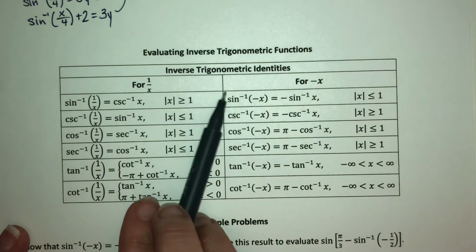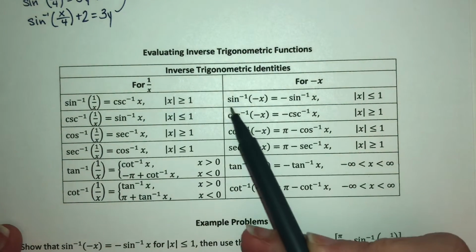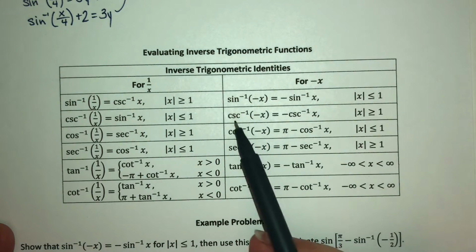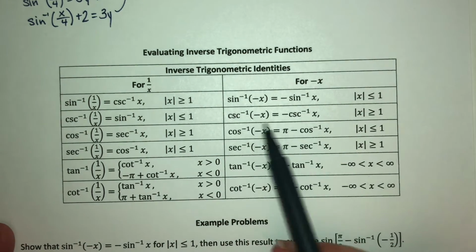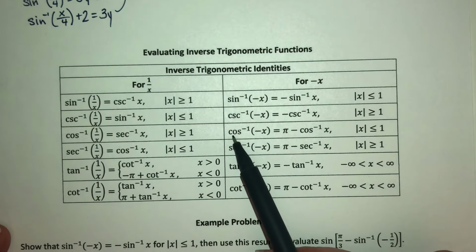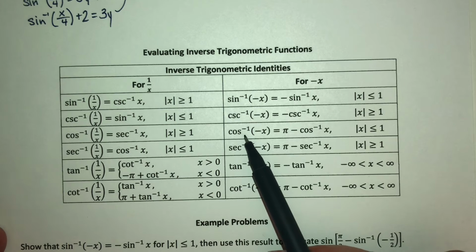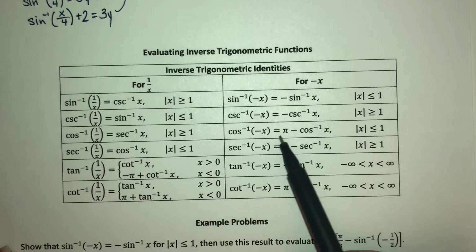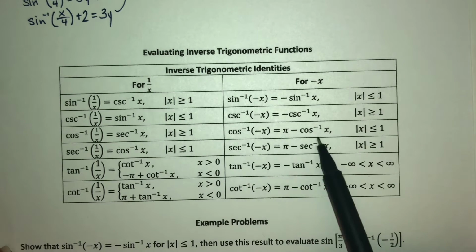Now, even and odd. We know that sine itself is odd, so sine inverse is odd. Cosecant inverse is odd. Cosine is an even function. Inverse cosine kind of is an even function, but it's going to give you the answer in the wrong quadrant, so this is how you would make that adjustment.